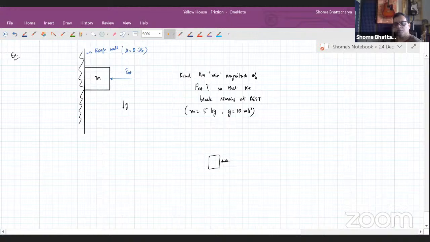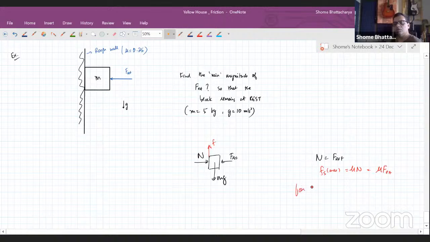So whatever force we apply, equal and opposite normal reaction the wall applies. So normal reaction equals the external force. So the friction the wall is able to generate is such that maximum static friction is equal to mu n. That is mu into whatever force we are applying.